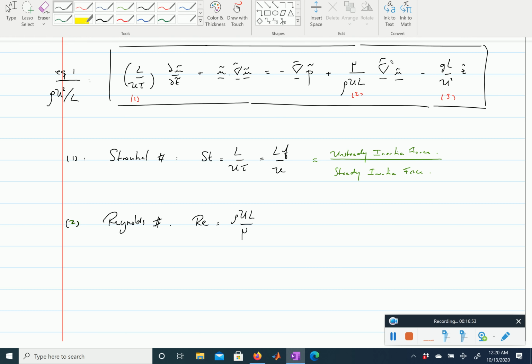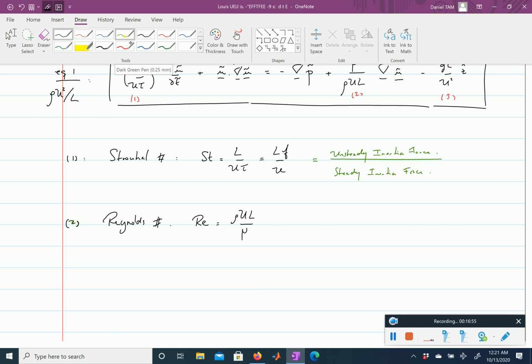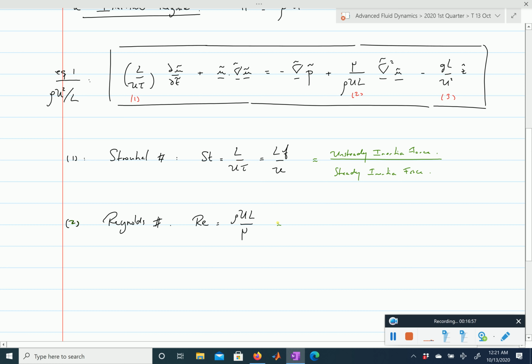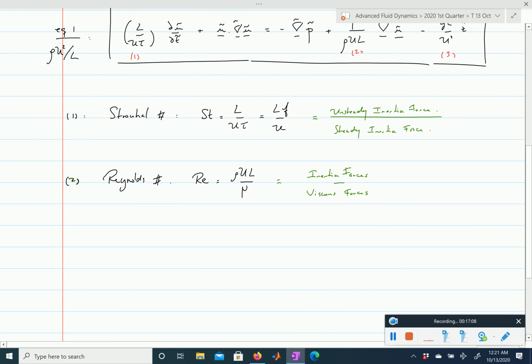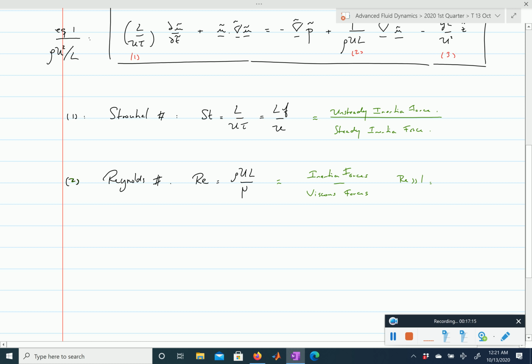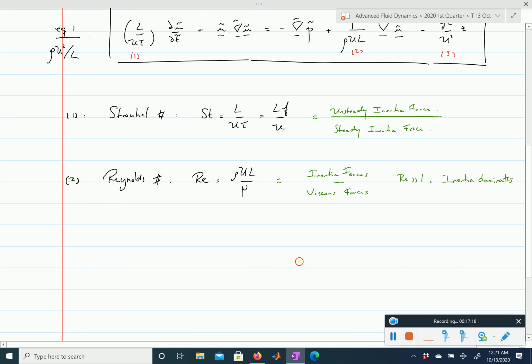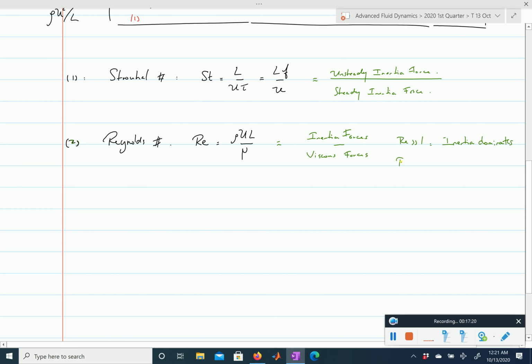And one way you can understand the Reynolds number is to think of it as a ratio of two forces, the inertial forces divided by the viscous forces, such that when the Reynolds number is much larger than 1, the inertial forces dominate. So think that Reynolds number much larger than 1 means that inertia dominates, and when the Reynolds number is really, really small, right, when the denominator is really large, then the viscous forces dominate.